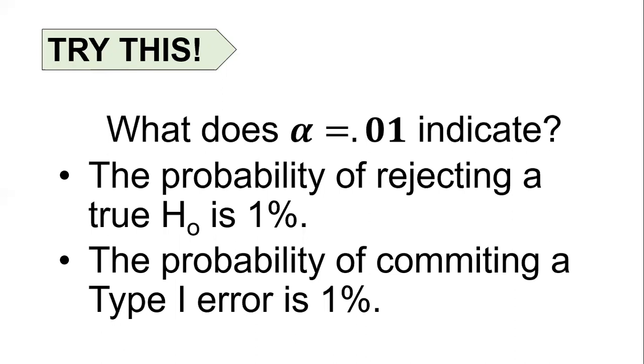How confident are you that you will be making a good decision whether to reject or not the null hypothesis? It would be 100 minus 1, or 99%. So you will have 99% confidence. Okay, I hope you got it.